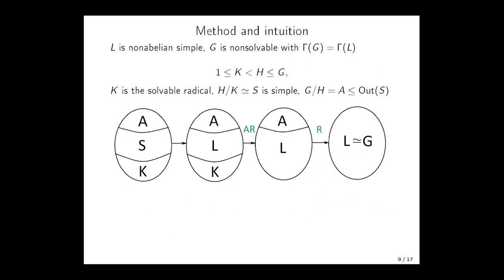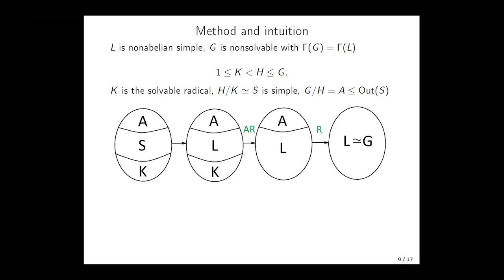Now I think it's time to talk a bit about our method and the intuition behind it. Suppose that we are given a non-abelian simple group, and I recall that the task of recognition of simple groups is considered only for almost simple groups. G is a non-solvable group with the same Gruenberg-Kegel graph.